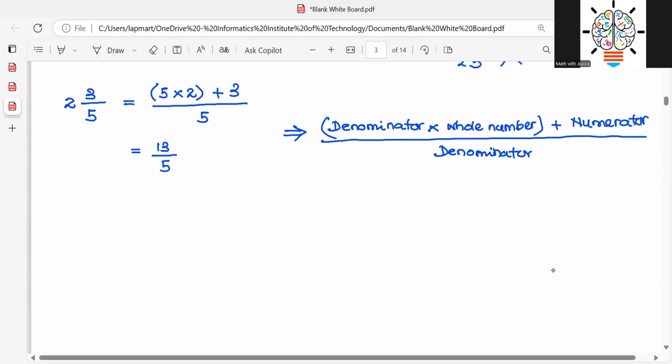Then we'll see how, let's say they have given us the improper fraction 13/5, right? And I want to convert this into a mixed number. 13/5 means 13 divided by 5. 5 times 2 is 10, and the remainder is 3. Okay. So then I write here 2 and 3/5.